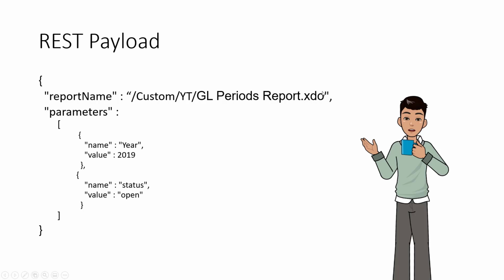This is important. We have to pass .xdo and the parameters. So here you can see that I have included two different parameters, right? You can have one parameter, two, three, doesn't really matter. But this is how the basic payload is going to look like when the user invokes this integration.